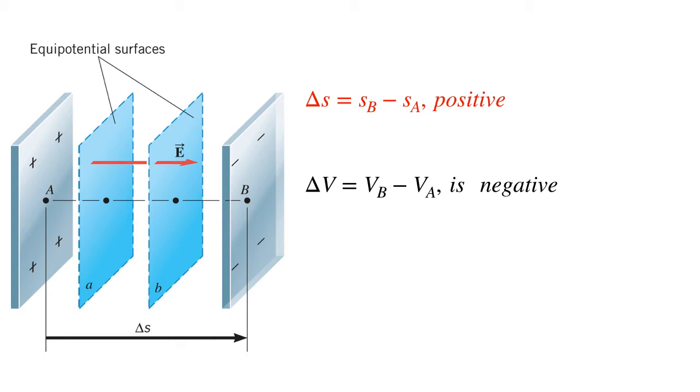In this diagram, go ahead and write down delta V, which is equal to VB minus VA. It's negative. So it might be like minus 4.2 volts or something like that. And that's in this direction, with the positive plate on the left and the negative plate on the right.